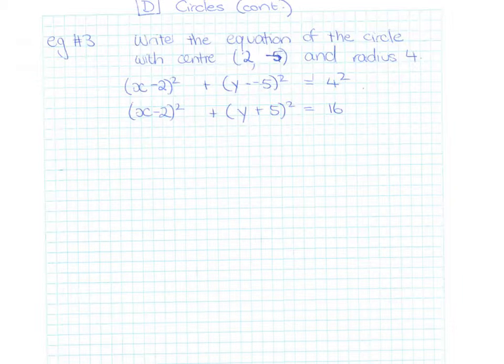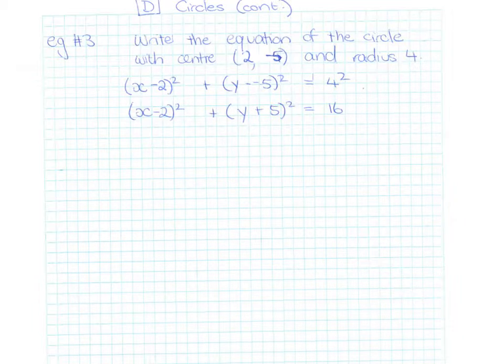Remember, what's the general equation of a circle? Can you tell me? Someone write it down. X minus a squared plus y minus b squared equals... Alright, so it says, write the equation of a circle with a centre 2, -5, and radius 4. 2, -5.